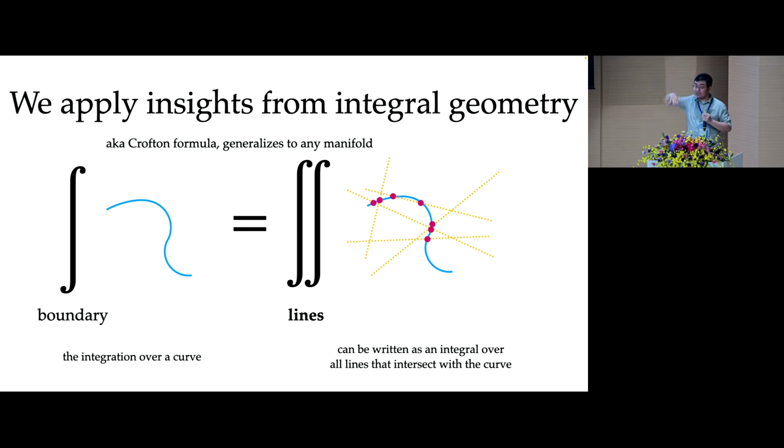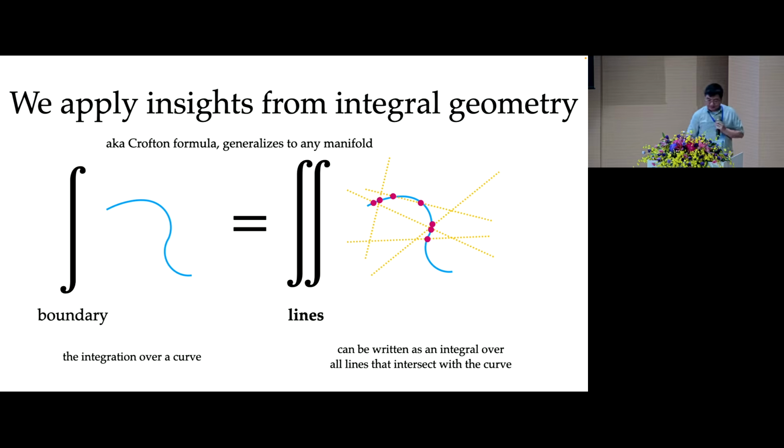There are infinitely many lines in 2D space, right? All these lines will intersect with these curves in some ways, and you can write it down as an integral over all of these lines that intersect with the curves. And this generalizes to arbitrary manifolds in n-dimensional space.